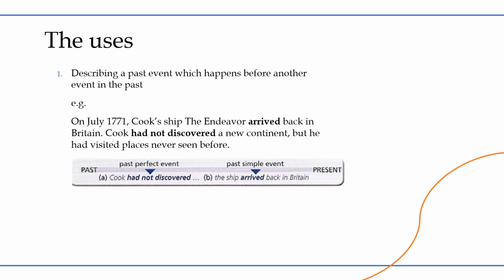Here, had not discovered is in the form of past perfect, and arrived is in the form of simple past. So, had not discovered here is the first event, and arrived is the second event or the following event.